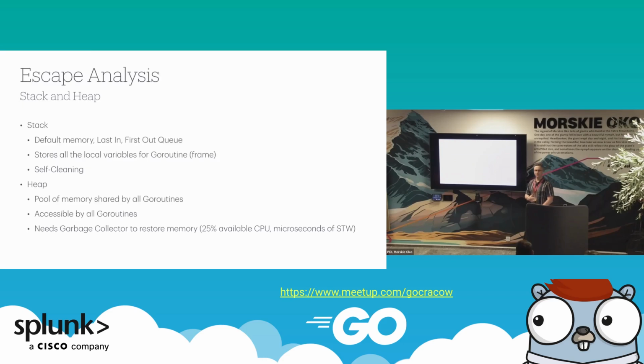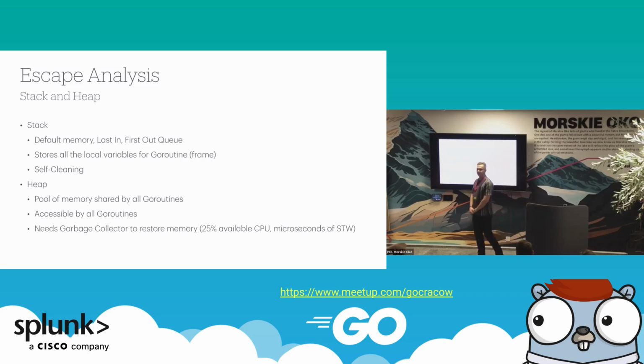Escape analysis. When we run our program, we can store our data either on the stack or on the heap. Stack is some sort of default memory. It stores the local variables, and it's self-cleaning.